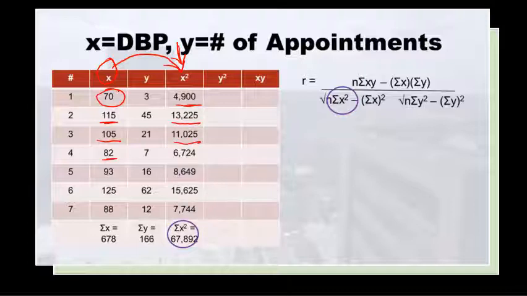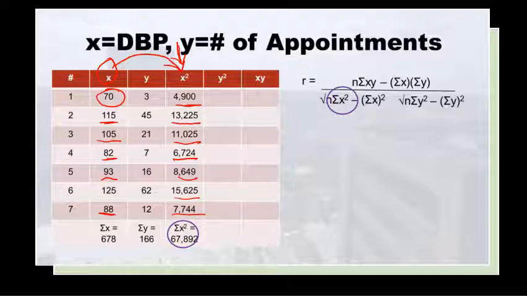82 squared is going to equal 6,724. 93 squared is going to equal 8,649. 125 squared is going to equal 15,625. And then 88 squared is going to equal 7,744.